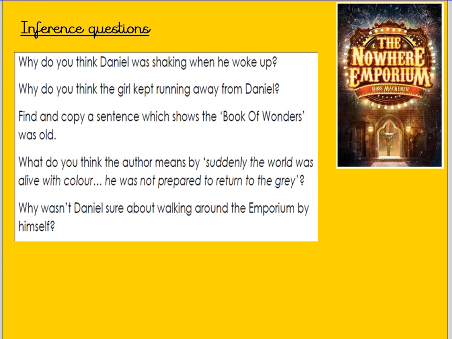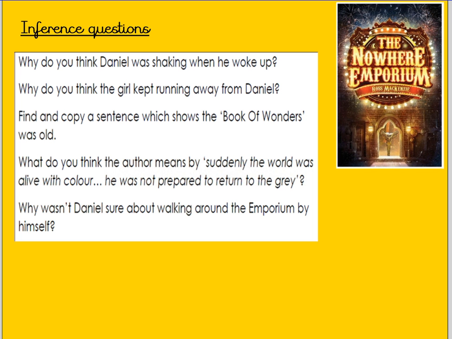Your inference questions. Remember, with these types of questions you need to use evidence from the text to answer your questions fully. Why do you think Daniel was shaking when he woke up? Why do you think the girl kept running away from Daniel? Find and copy a sentence which shows the Book of Wonders was old.